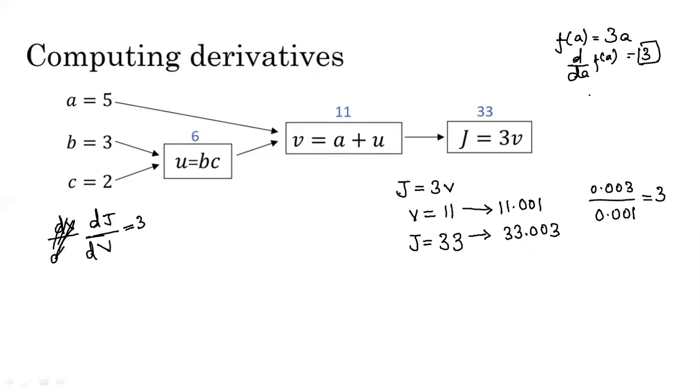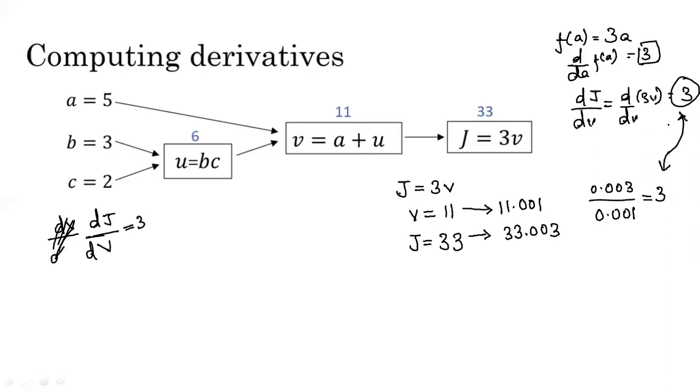Now similarly you can do it here also. We can take the derivative dJ upon dv equals d/dv of 3v, and that is equal to 3. So by applying the formula also, the derivative came out to be 3, that is, the slope is 3.